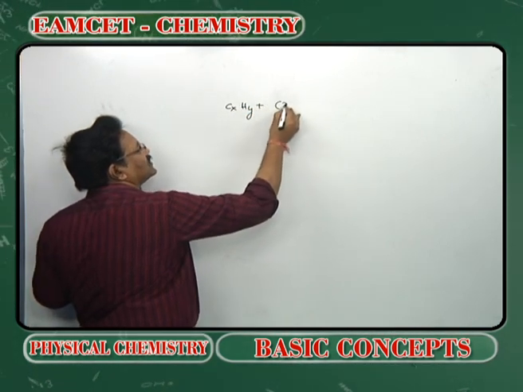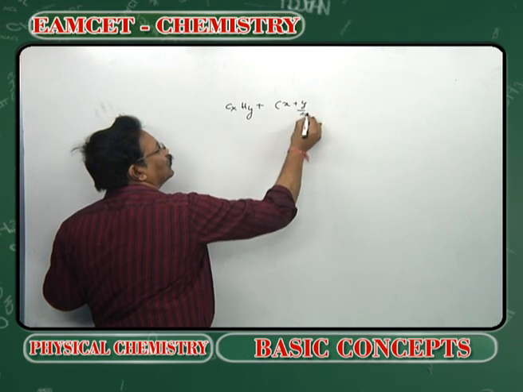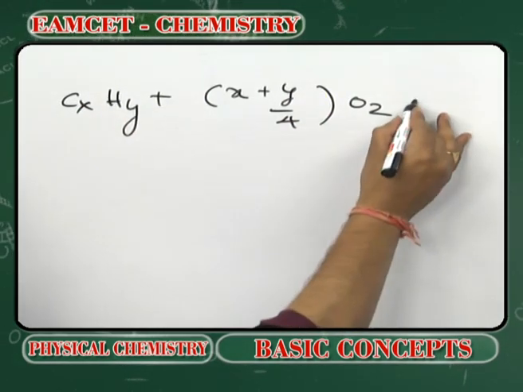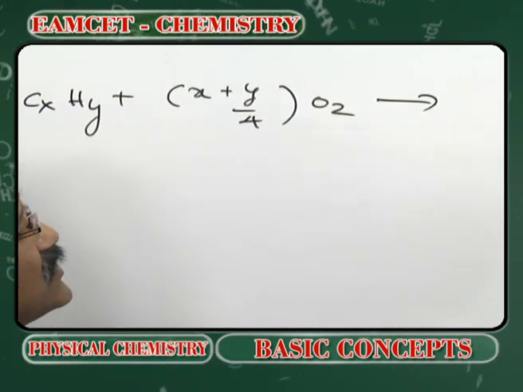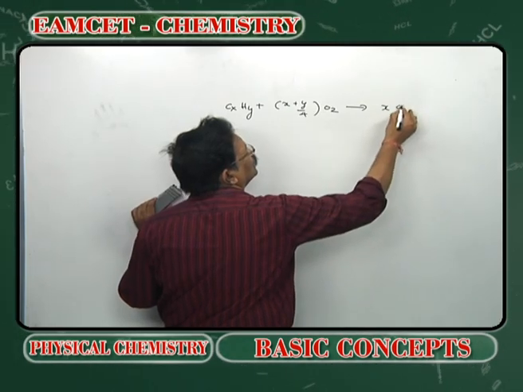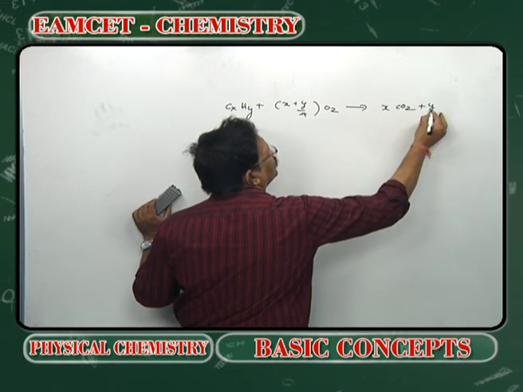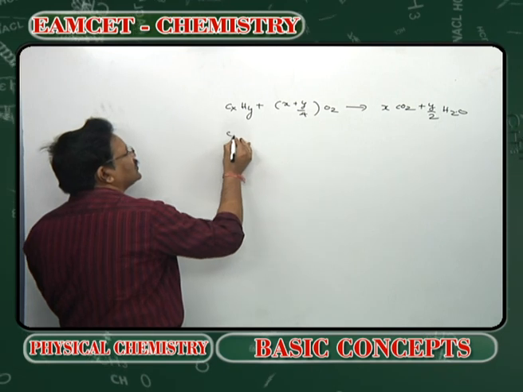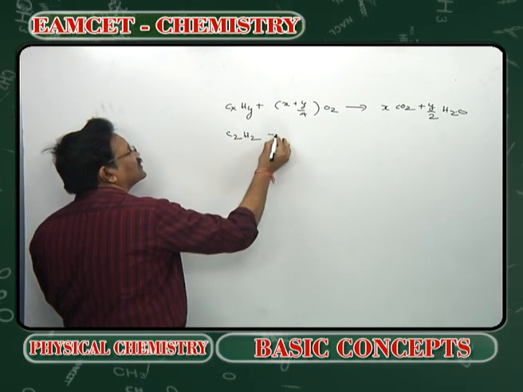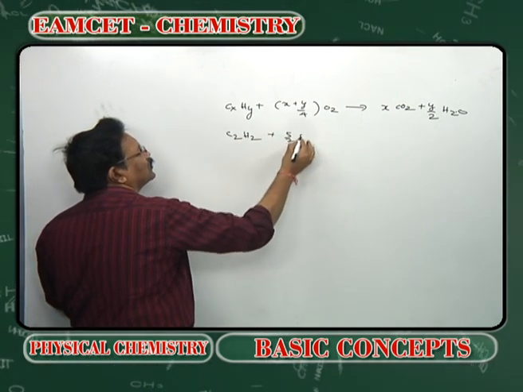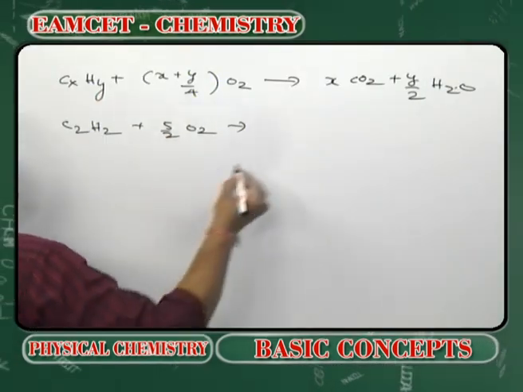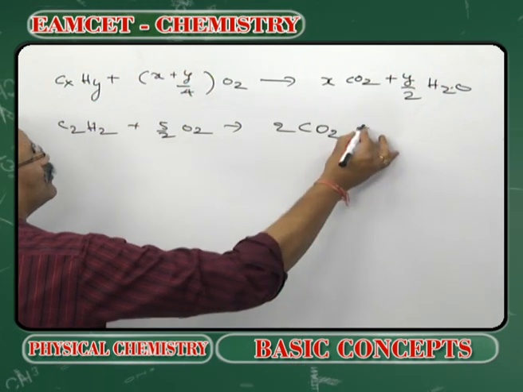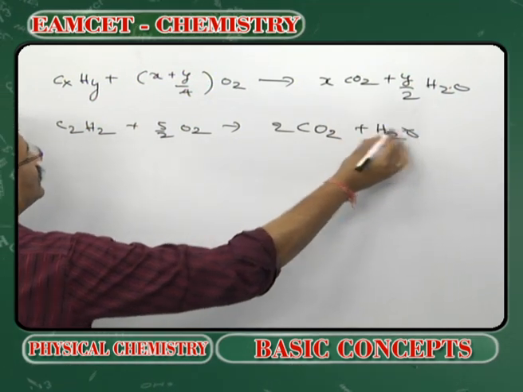CxHy plus (x plus y by 4) O2 gives rise to xCO2 plus y by 2 H2O. Based on this, C2H2 plus 5 by 2 O2 gives rise to 2CO2 plus H2O. This is the equation.